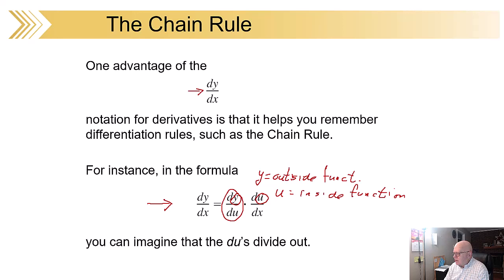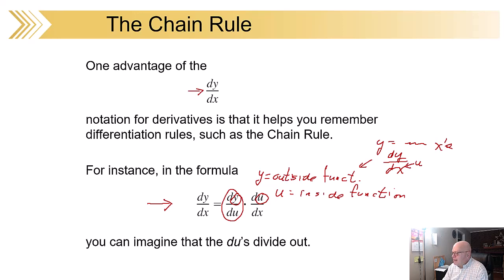What's the inside function? Now what you can do is, this is going to be written as y equals a bunch of things with x's in them. U is going to be written the same way, but first of all you find dy dx. And what you're going to do is, where you see the x's, you're going to put u in there. So what is u?